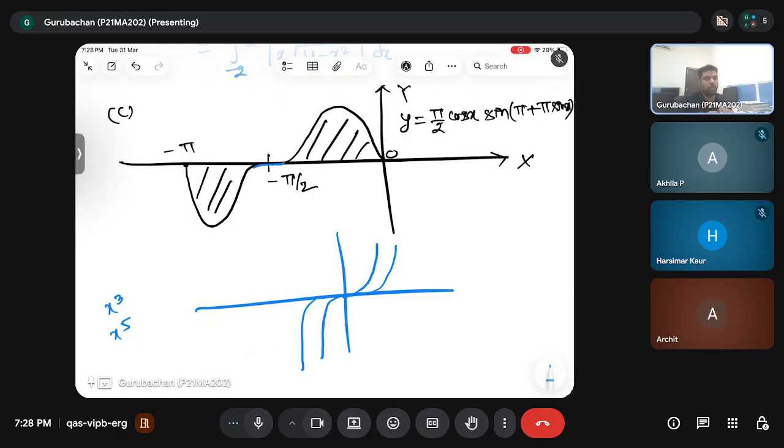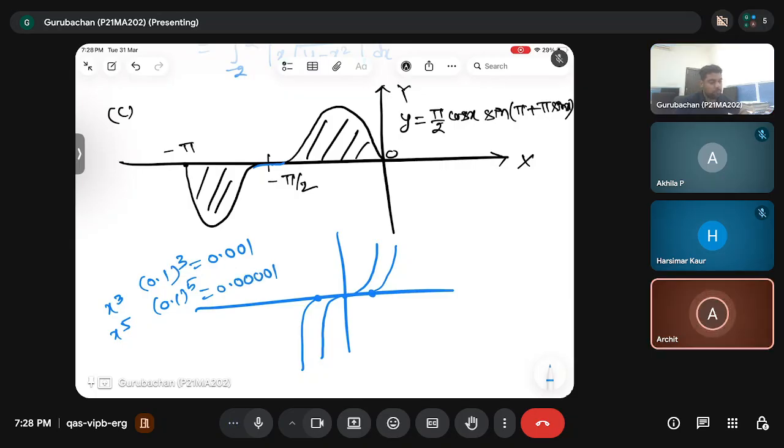It is more bent near 0. If you observe 0.1 to the power 3, what is the value of 0.1 cube? 0.001. But what about the power 5? 0.00001. So obviously the lower the value near around 0, the more it stays around 0. So it is like that only.